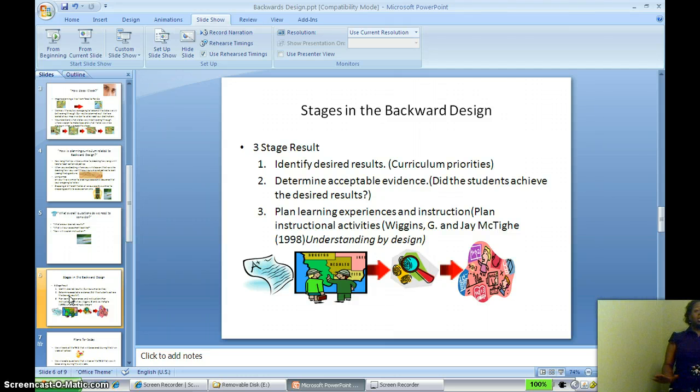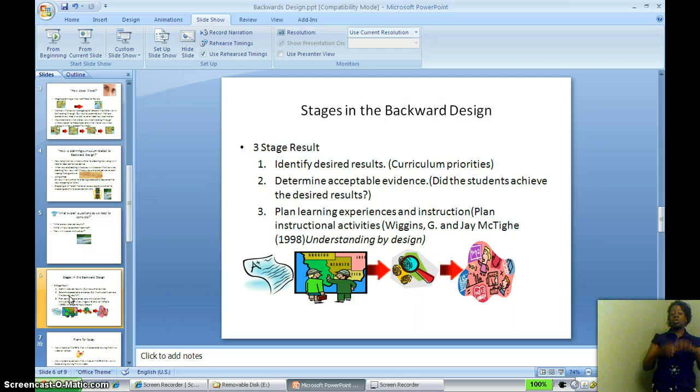Determining our acceptable evidence is stage 2. Did the students achieve those desired results that we set out for them to achieve? If we did, we're moving on to stage 3, which is planning our learning experiences. How are we going to plan for our instruction? We know that we have many different instructional strategies that we can use to get our students to master certain objectives in our classroom.